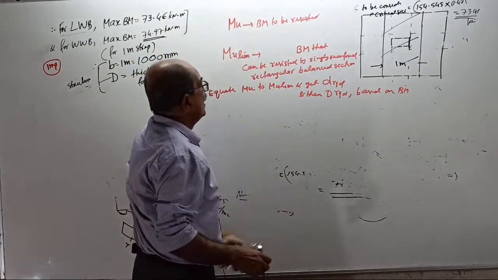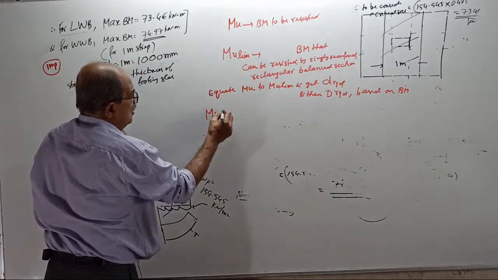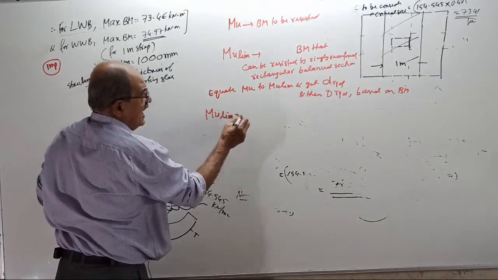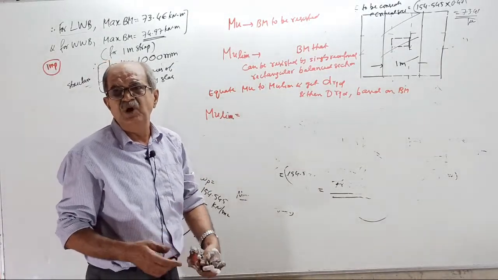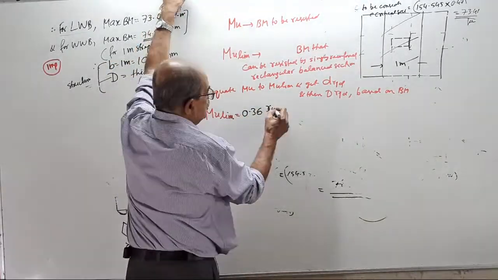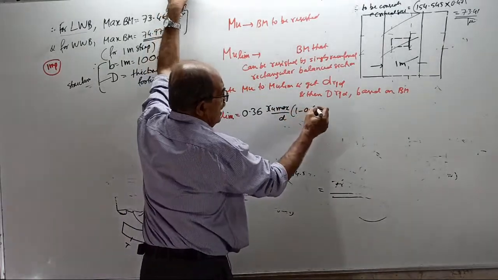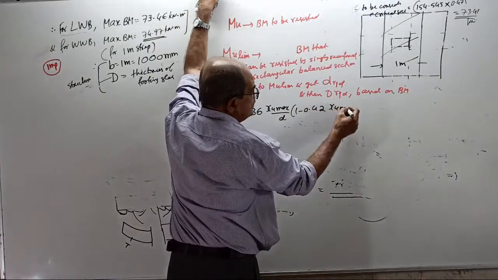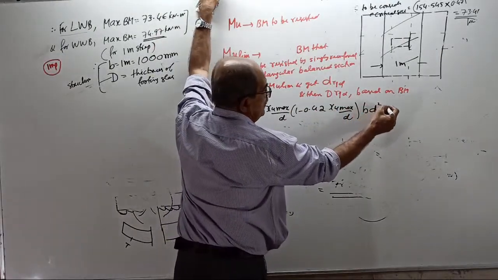Now the first formula: Mu limit equals 0.36 times xu max by d, into bracket 1 minus 0.42 xu max by d, into b d square fck.